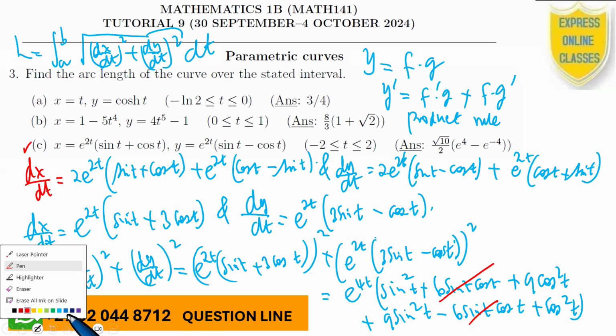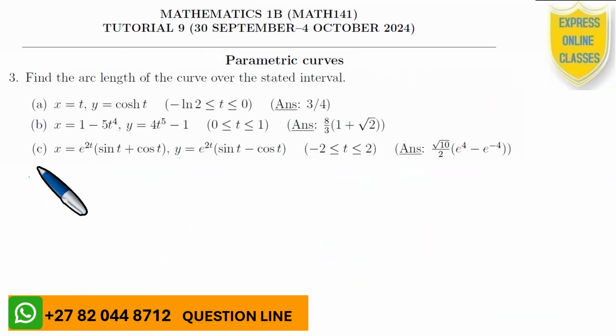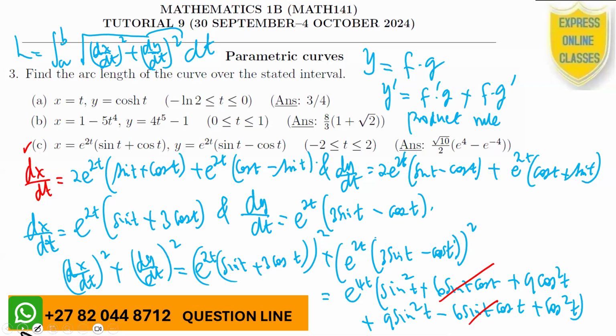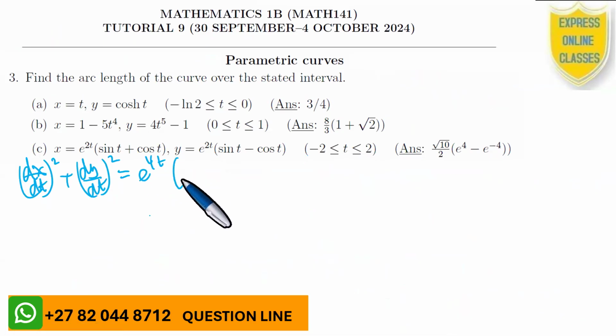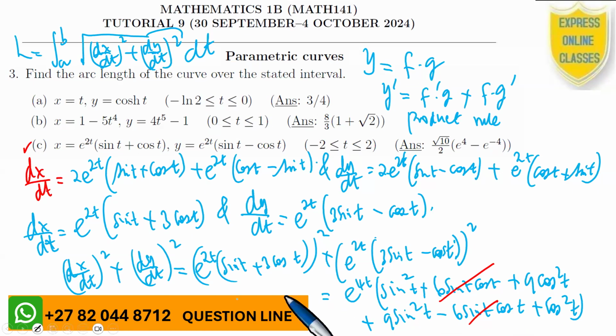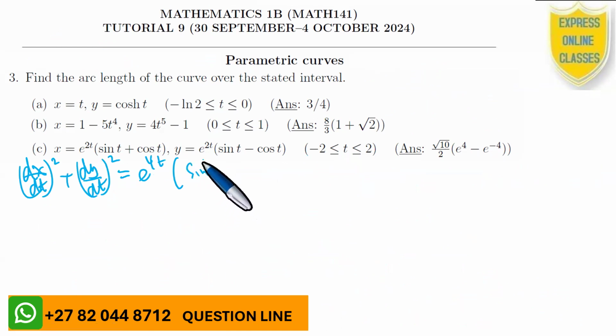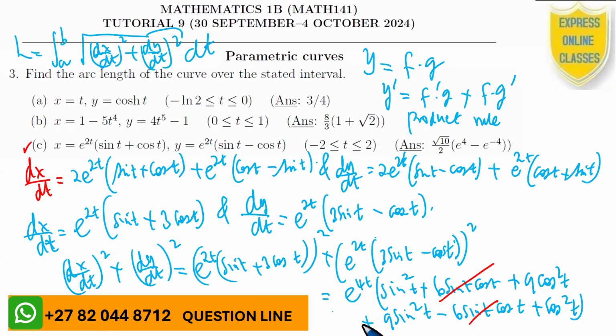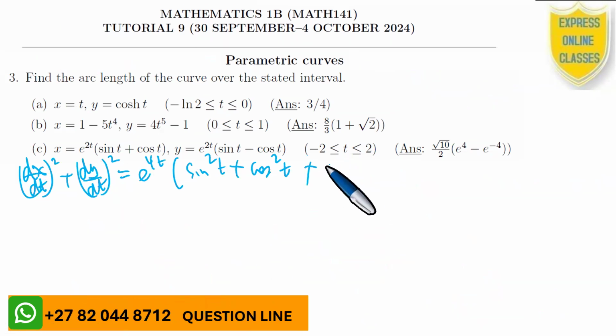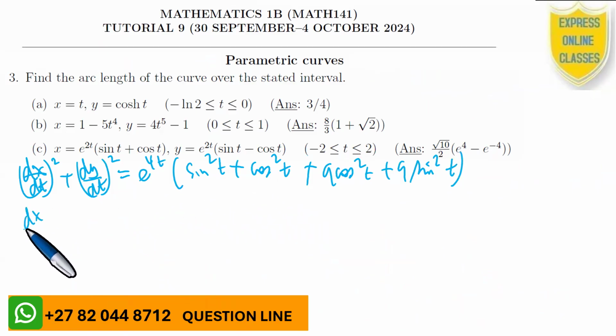So at this point, what is very clear is that our (dx/dt) squared plus (dy/dt) squared is e^(4t) times sin squared t plus cos squared t, plus 9 cos squared t plus 9 sin squared t.